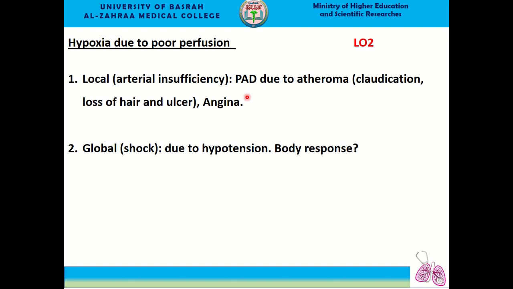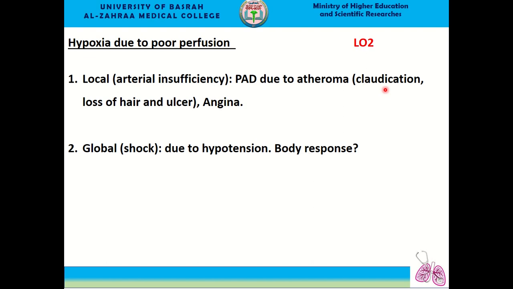In this situation, the patient will suffer from what is called claudication, which means that when the patient walks a short distance, he or she will feel severe pain in the leg, usually in the calf area.